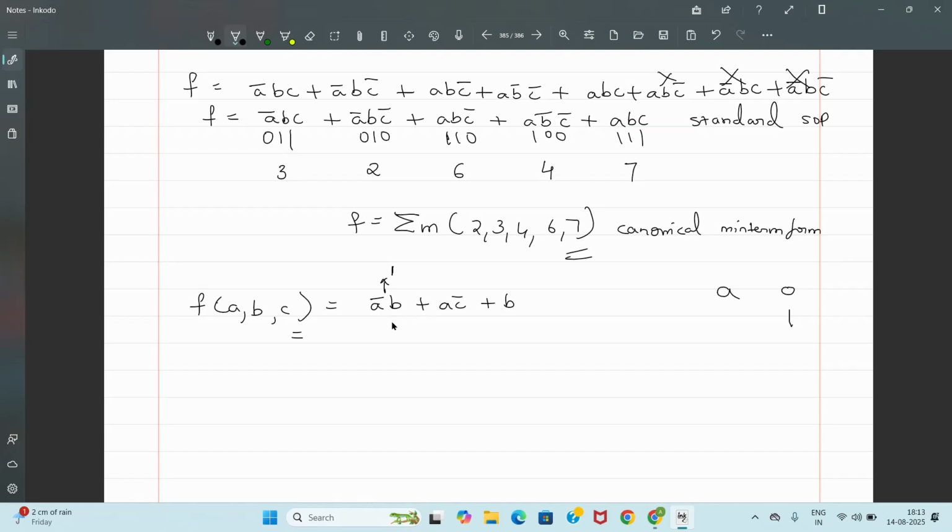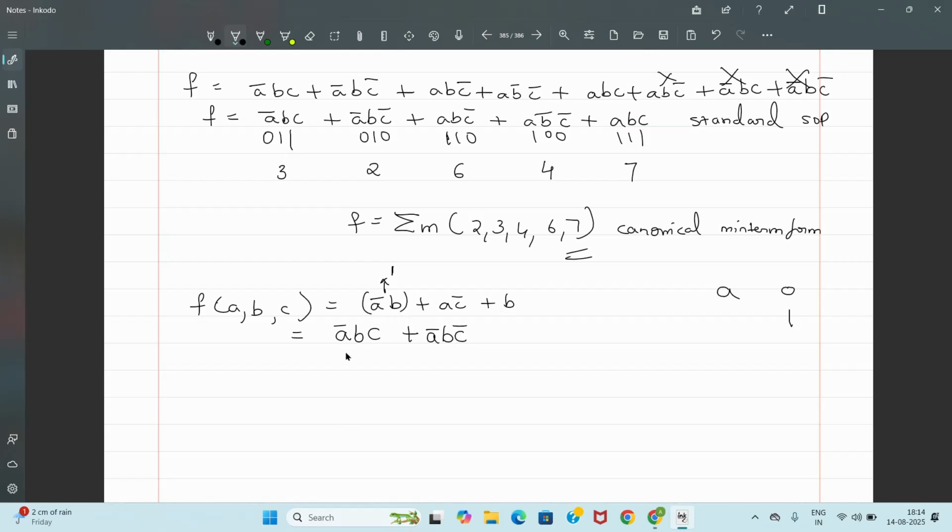If it is 0, it will be C bar. If it is 1, it is going to be C. Correct? So I'll just write this term as it is, A bar B and A bar B. Since one variable is missing, I will be having two possibilities now. The first possibility is that C is 1, so I'll write C as it is. Second possibility is that the C might be 0, in which case I have to write it as C bar.